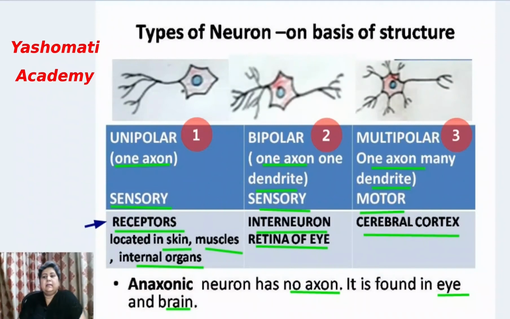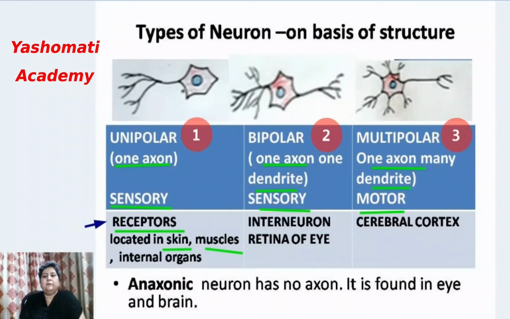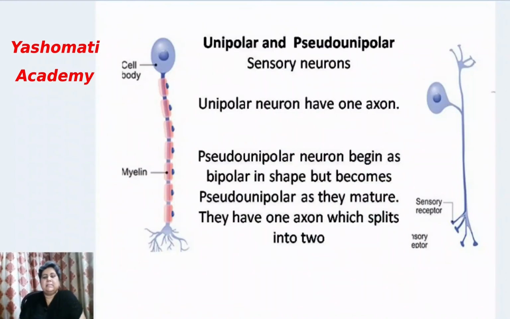Now, these are different types of neurons which can be categorized on the basis of number of axons and number of dendrites. If we look at this picture, it seems to have only one axon, so it is definitely a unipolar neuron.